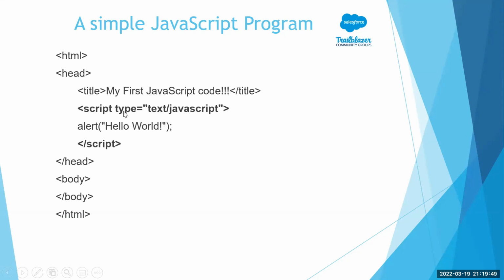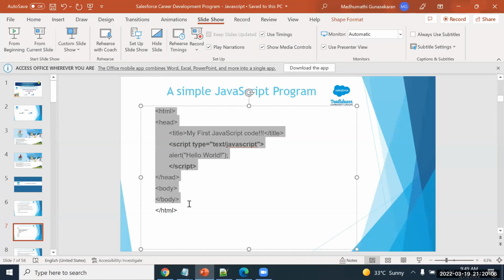Type equal to, we are telling the client that it's a JavaScript coding. We have to tell the client to consider the below piece of code as JavaScript code. I'll just put this in the HTML file.